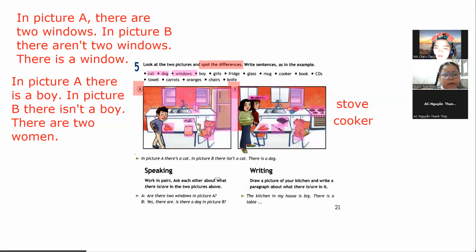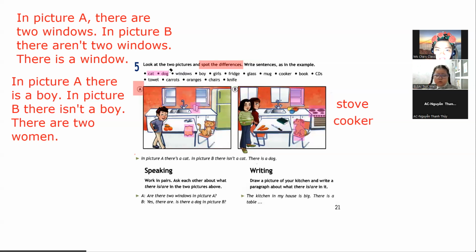In picture B, there are two cupboards. All right. So with this one, you could also say in picture A, there aren't any cupboards or there isn't a cupboard. In picture B, there are two cupboards. You could also say that one. So that's it for inside the kitchen.